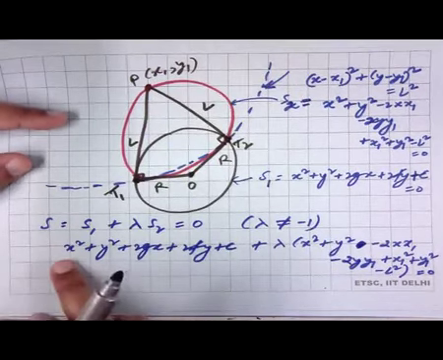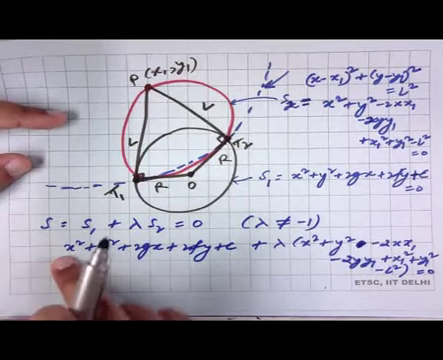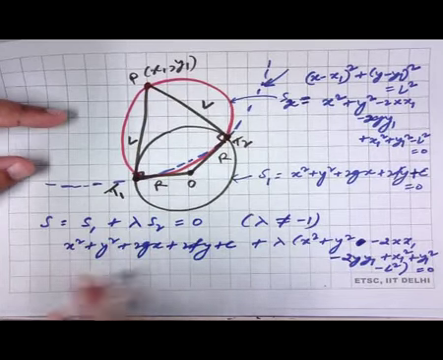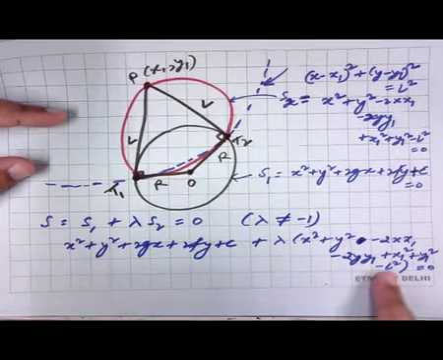Therefore, if we put x equal to x1 and y equal to y1, then this left hand side should evaluate to 0.